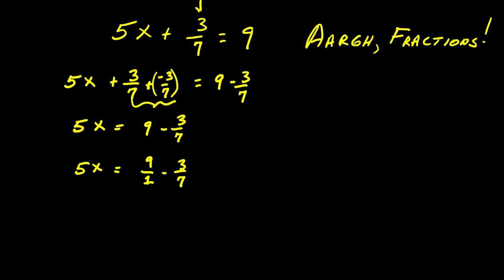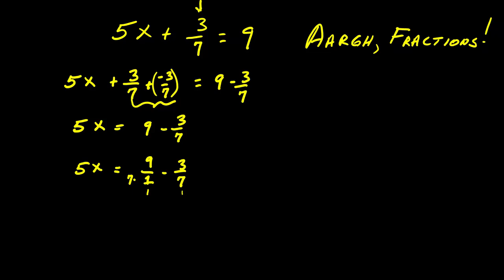You know, to add or subtract fractions, you have to have a common denominator. And in this situation where we have a 1 in the denominator here and a 7 here, we need the lowest common multiple. And that's going to be 7. So I'm going to multiply this denominator by 7. That gives me a common denominator.